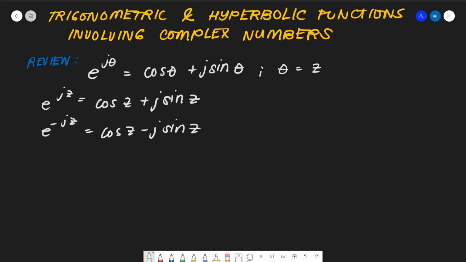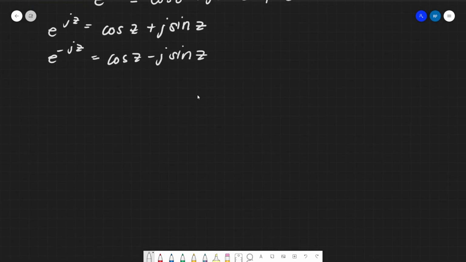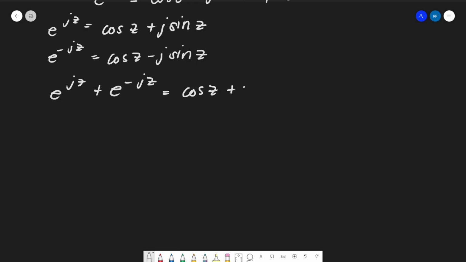Let's say we add the two, the conjugate pair in terms of z. We have e raised to jz plus e raised to negative jz, which is equivalent to cosine z plus j sine z plus cosine z minus j sine z.